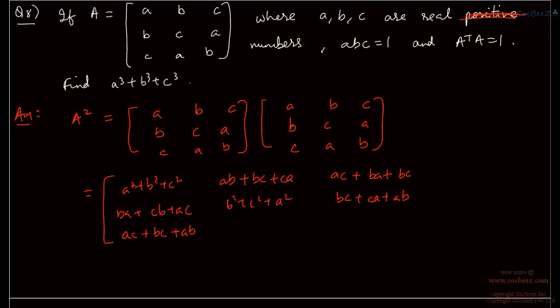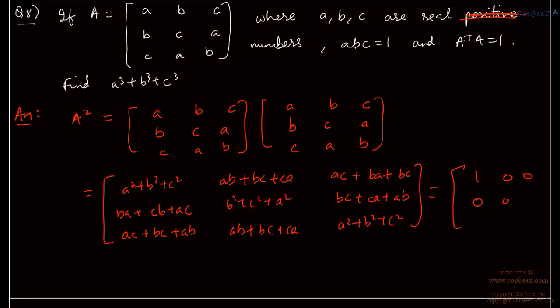So these things keep continuing, AC plus BC plus AB, again AB plus BC plus CA, and finally again A square plus B square plus C square.